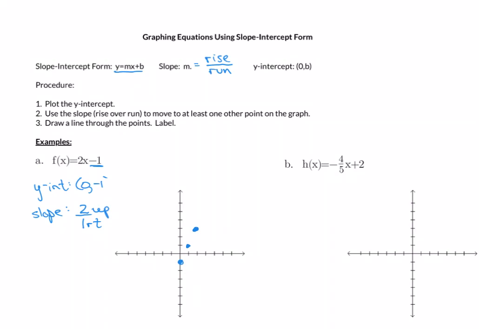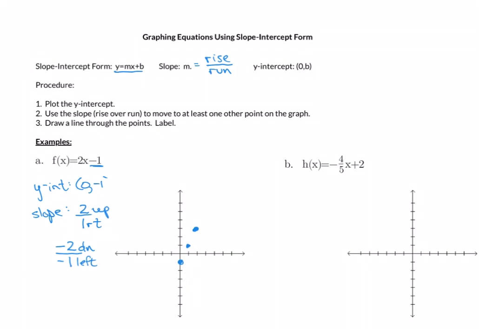Now, just so you know, slope doesn't move just one direction, you can move the other direction. So 2, I can also write this as -2 over -1. Do you agree that that's also equal to 2? Hopefully yes, our negatives cancel out, leaving us with just 2. So if we did this, this would be 2 down and 1 left.